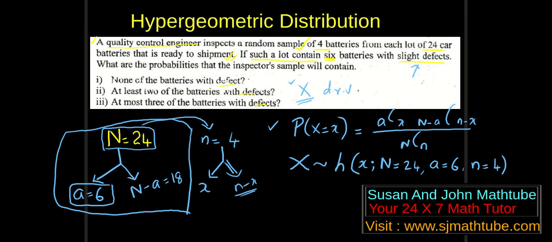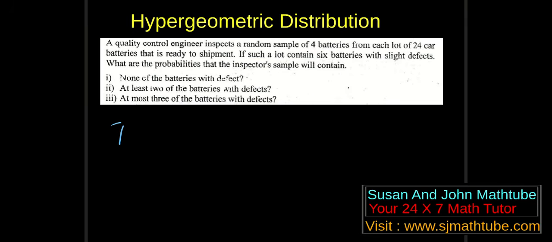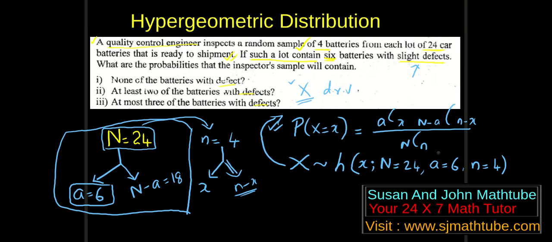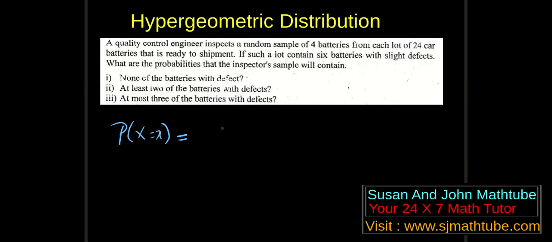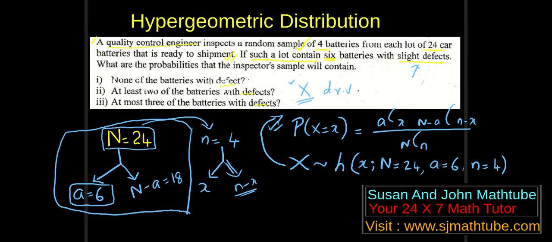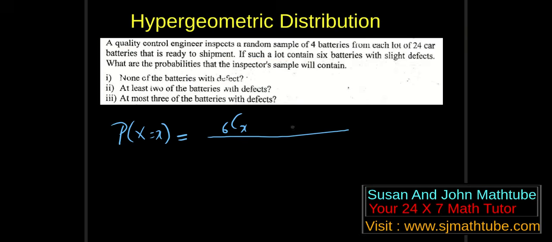Okay, now let's substitute. Actually, this step should come before this. So probability of x is equal to x. So a is 6, so 6cx. n minus a, that is 18c4 minus x. The whole divided by capital N C small n.